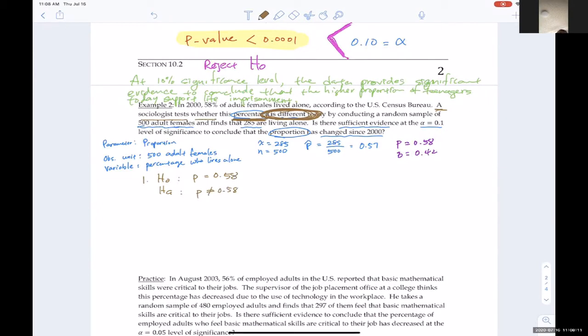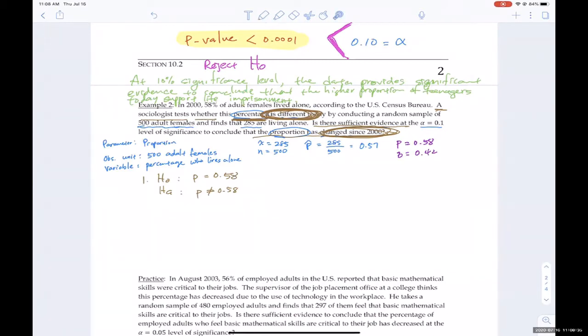Has it changed since 2000? Is there sufficient evidence that the proportion has changed since 2000? That's what you're claiming. That's your alternate hypothesis.